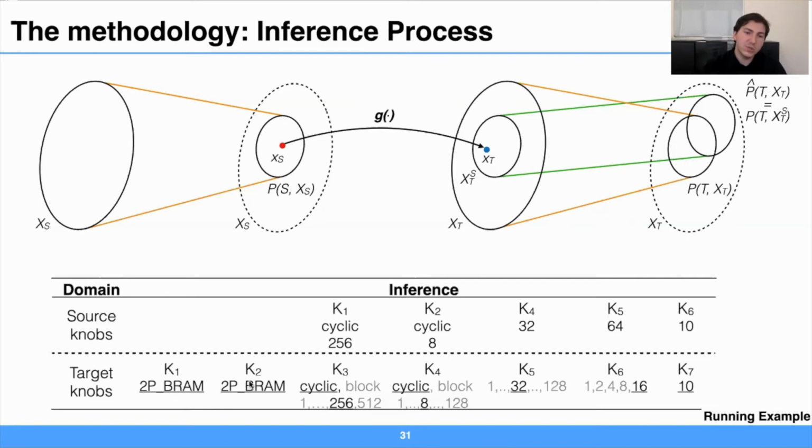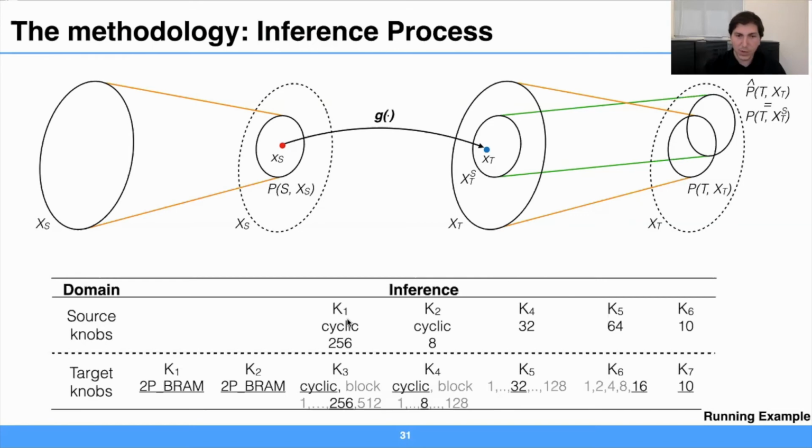That means that the two knobs are unmapped, and our methodology in this case selects randomly a valid value for those two knobs. While for the other elements for which we have knobs, we map the knob values to the closest available elements in the set of directive values for that knob.